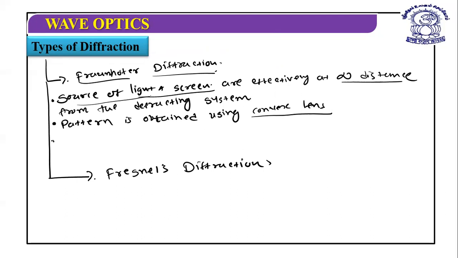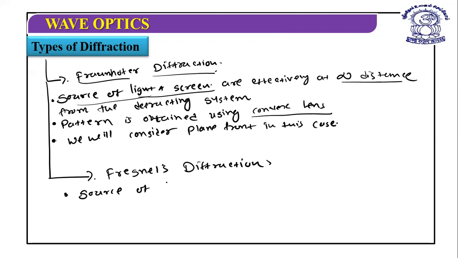As the source is at infinite distance, we will consider plane wavefront in this case. The second is Fresnel's diffraction. In this diffraction, the source of light and screen are kept at finite distance from the diffracting system.